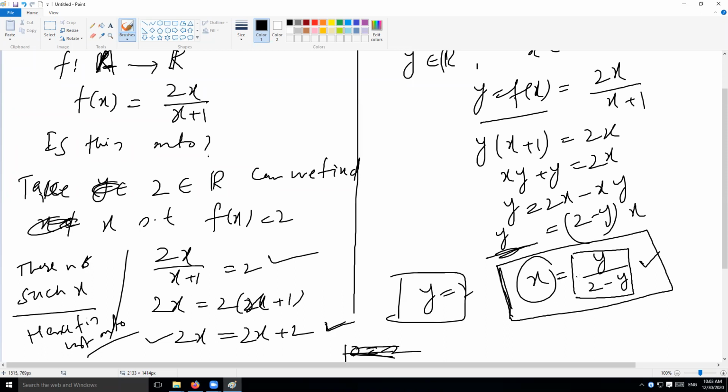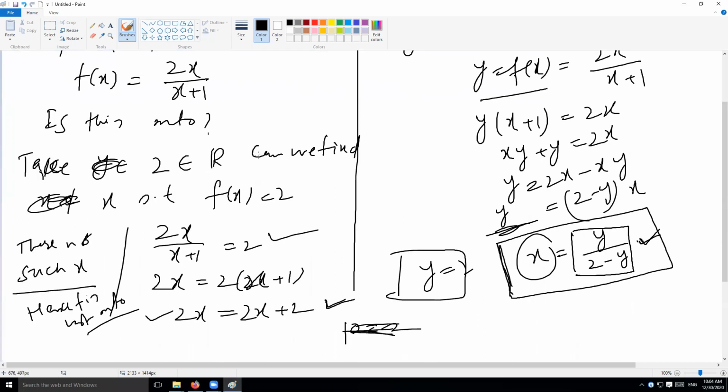But if there is a y for which x is nonsense, probably your function is not onto. Then take that particular y for which your formula for x becomes nonsense and try to find an x. You will never find an x actually. So that's the strategy to prove whether some function is onto or not.